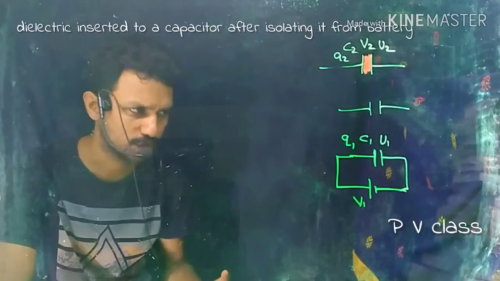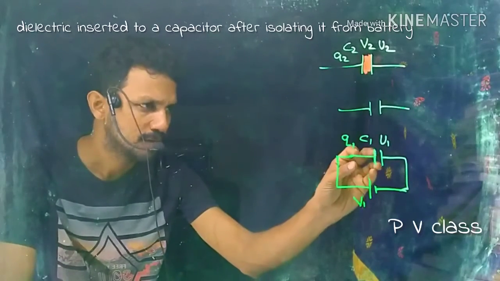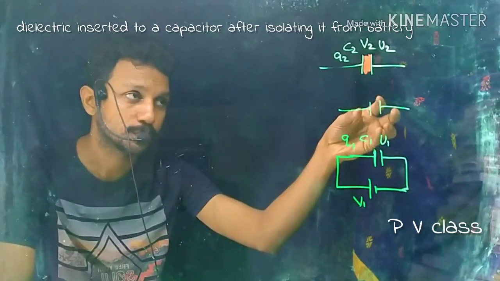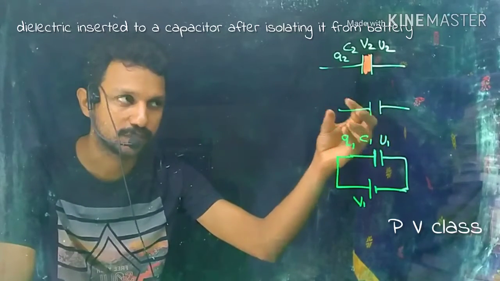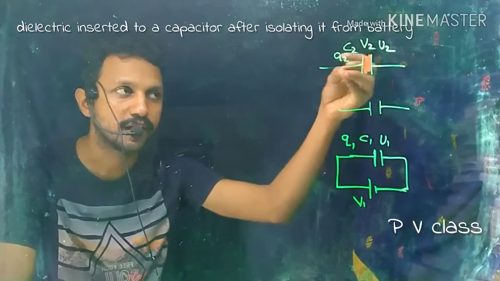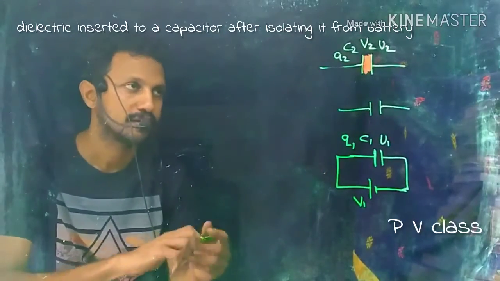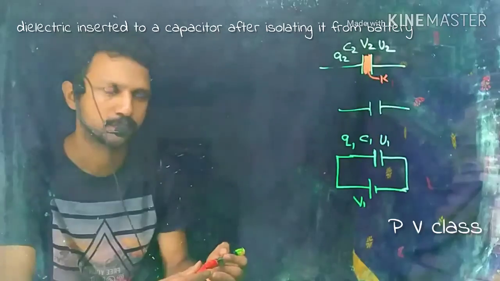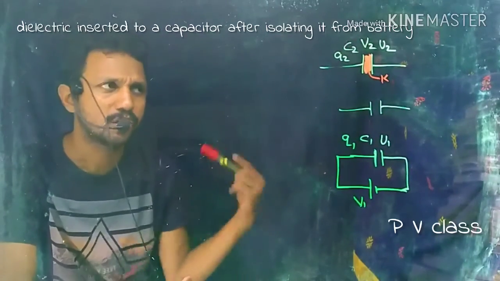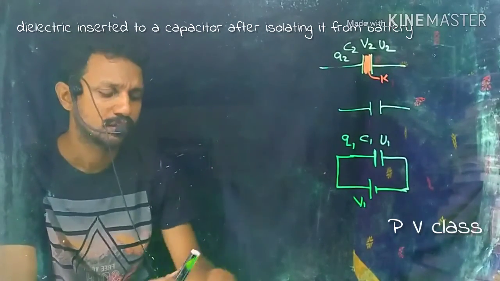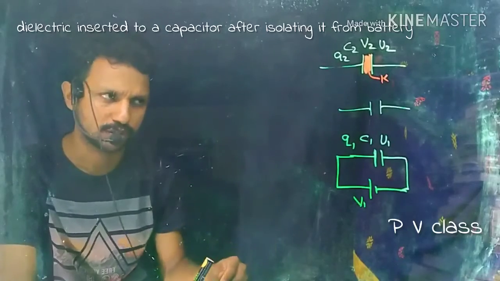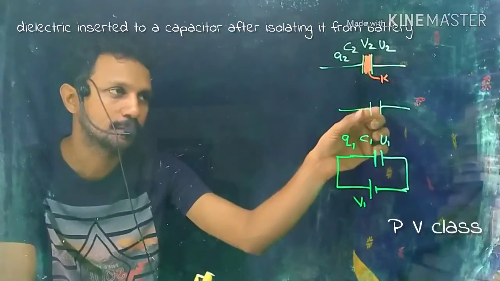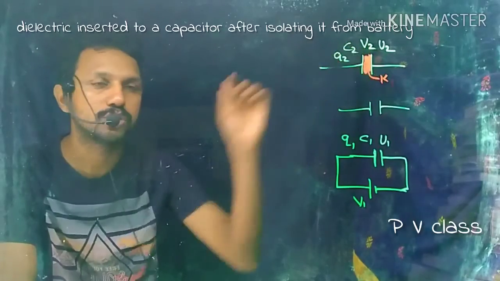If we charge the capacitor and isolate it, it is an isolated system, and in that system we are adding a neutral dielectric of dielectric constant K. Then the charge won't change. The initial charge accumulated on the capacitor will be equal to the final charge.